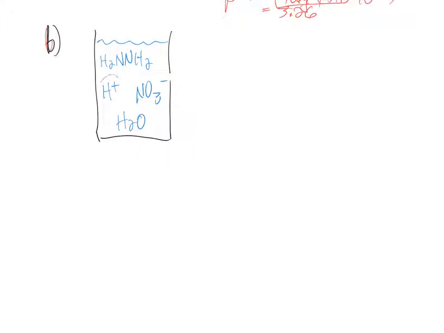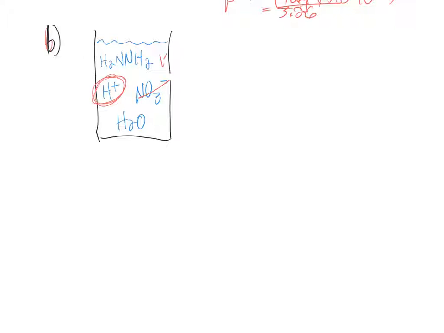The presence of hydrogen means that we're going to have a reaction to completion. If you ever have hydrogen or hydroxide in the reaction vessel, before you can consider any equilibria, you've got to consider the reaction to completion of the strong species. In this case, it's a strong acid species that will react with the best base available to it. Considering the other species in the reaction vessel, we have the conjugate base of a strong acid, which is itself a very weak base, a base that will not be important in determining pH.